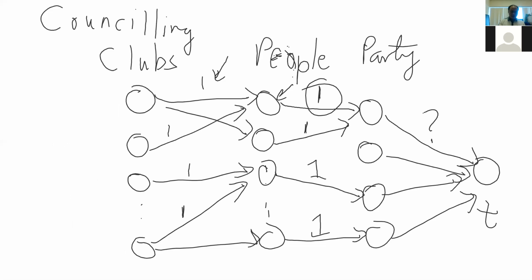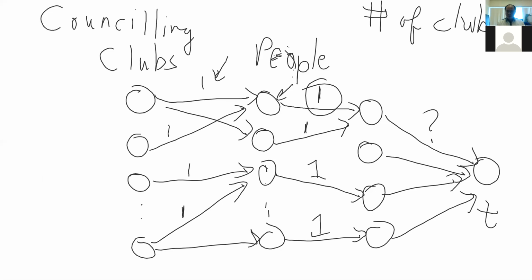So the number of people on the council would be the number of clubs, okay? Because each club must give one nominee. So the number of clubs is the size of the council. We want to make sure that the number of people in each party is not half or more.